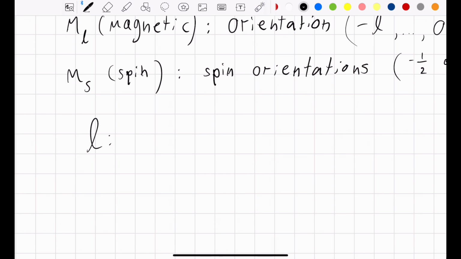If we go down here, we usually have 3 quantum L numbers. There's 0, 1, 2, and 3 that we need to worry about, and that's S, P, D, F. So 0 is S, 1 is P, 2 is D, and 3 is F subshells.